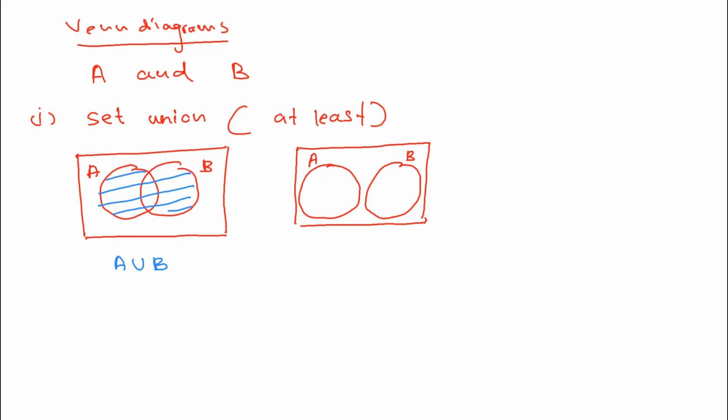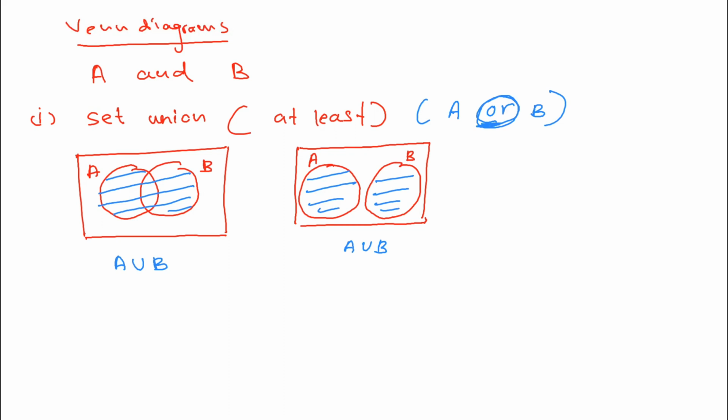Right? So in that kind of situation, you can write A union B, which is this area, like this. So this shows the probability of occurring A or B. This word "or" is very important. It represents union, right?